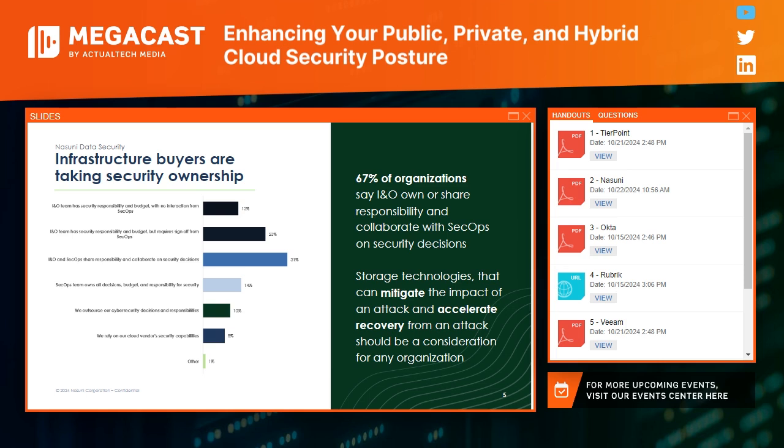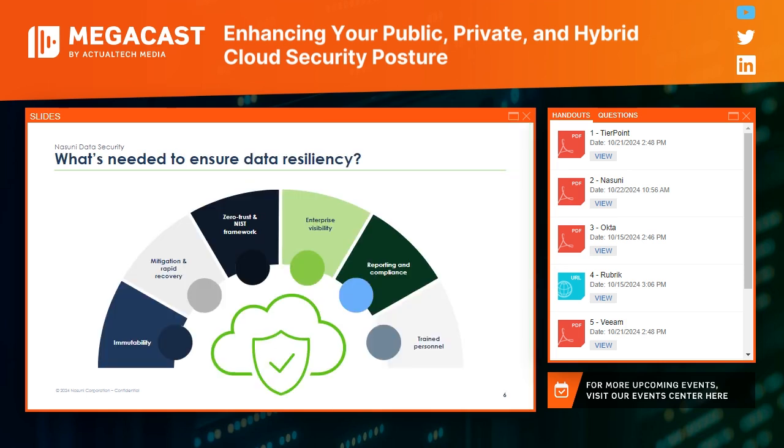And then finally, from this data, what do we see is needed to ensure data resiliency when it comes to your infrastructure? Well, here are 6 super simple points that I think resonate with the presentation before this. Number 1, immutability. You need versions of your data, immutable versions that can't be altered or touched by ransomware and that are easily recoverable.